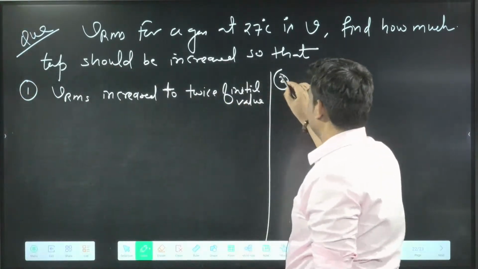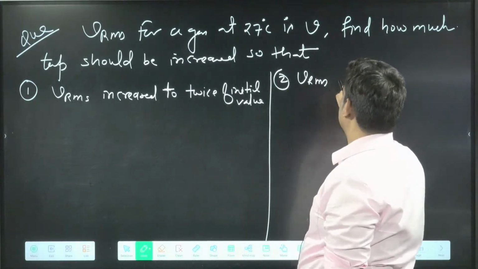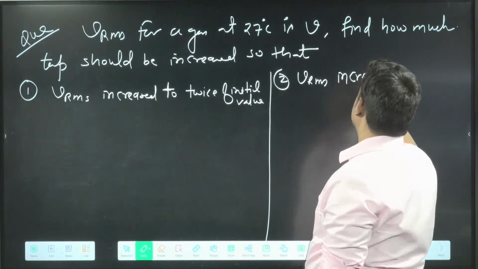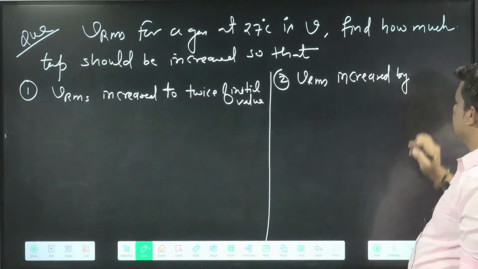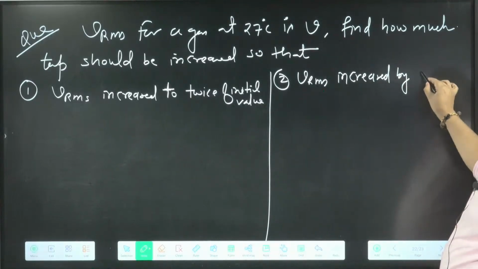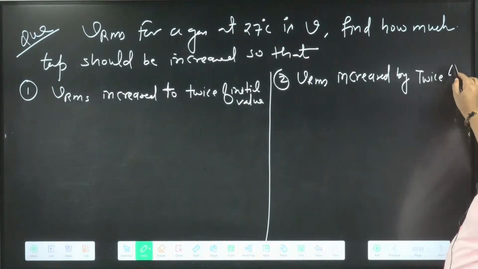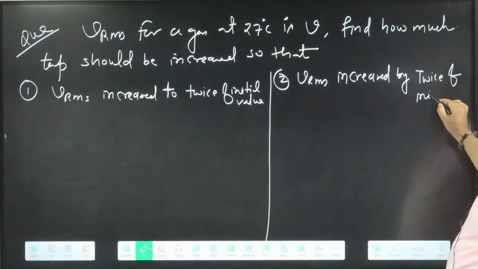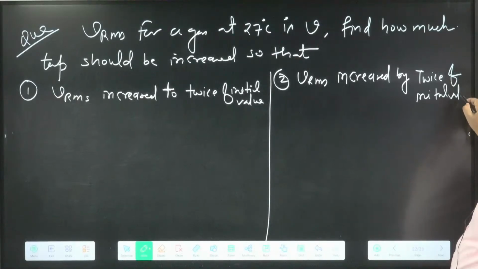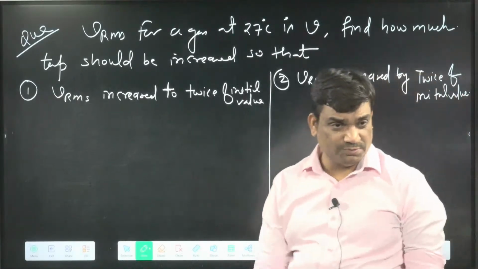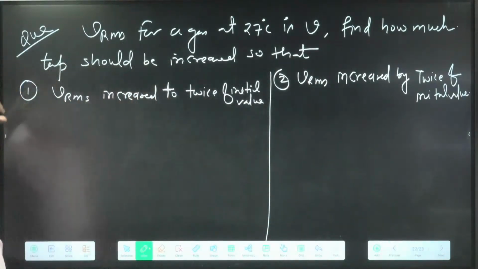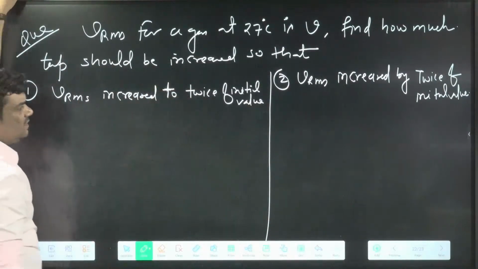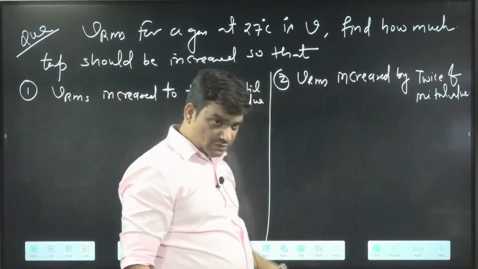And then the second part, VRMS increased by twice of the initial value. Now they are asking for temperature. I hope this one is clear, the language is clear. Here they are saying increased to means twice of the initial value, and here increased by twice of the initial value.